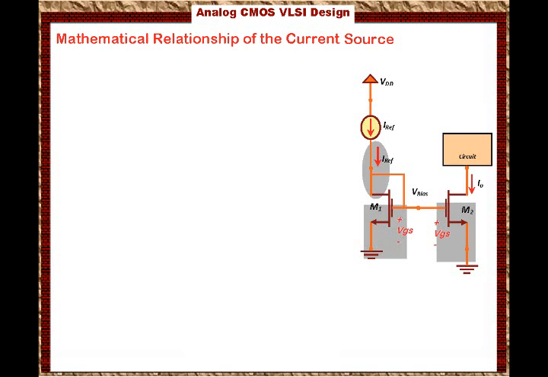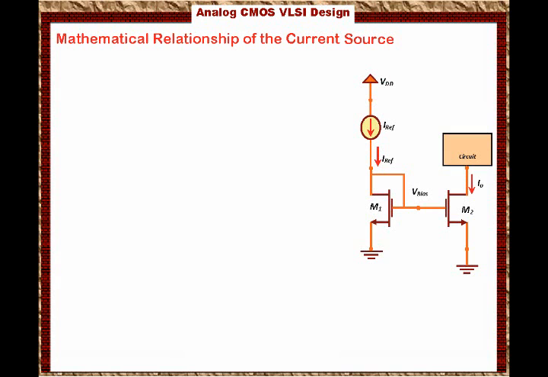So these two transistors have the same voltage across them, so they behave as current mirrors. They are a reflection of each other, and this way we will be able to define the value for the current through M2.